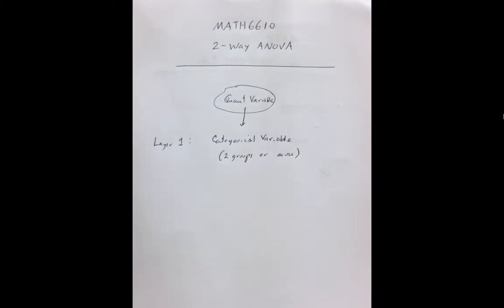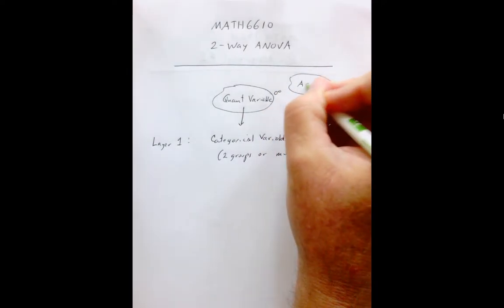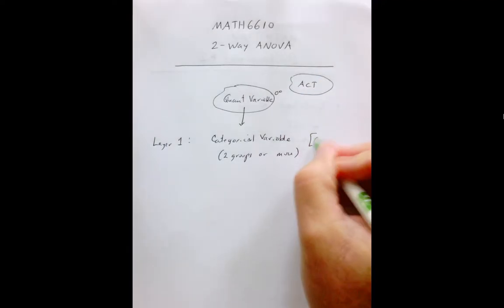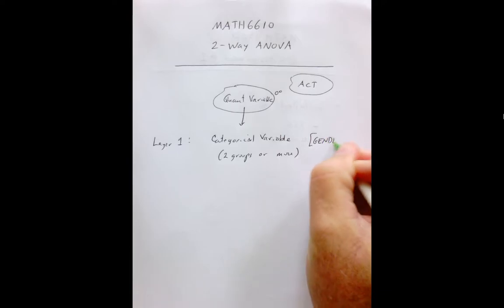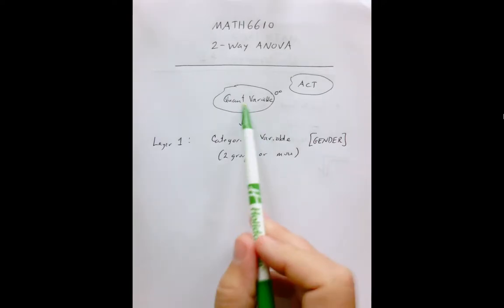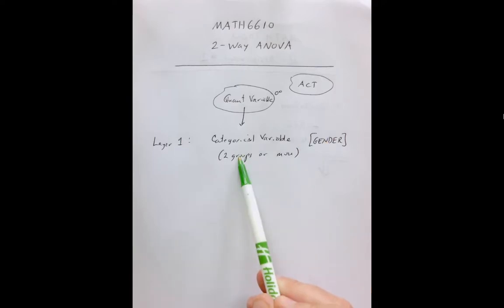Now, if we stop there and we have a quantitative variable, let's think ACT if you'd like, and a categorical variable, let's just think gender, if you like. If we stop right there, we've got a quantitative variable over a categorical variable with two groups only. Guys, we're going to do a t-test there.